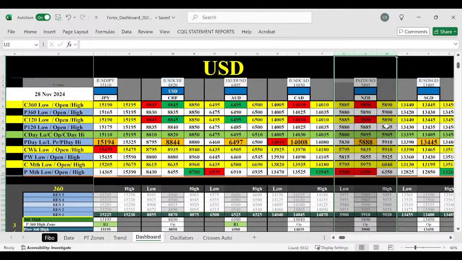Okay, so now you see current day high is 59.05, current day low is 58.80, and this is within previous day range, and yesterday was a higher low than Monday's low. So we are making higher lows, equal high. That means most likely the high has to break, and we should see the price heading north.